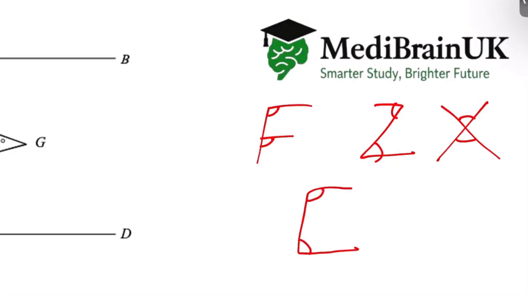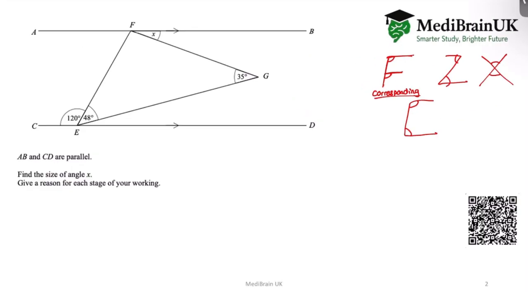So remember the F rules: if you spot an F anywhere, that means corresponding angles. Corresponding angles are equal in size. So if you ever spot an F anywhere in this shape over here, they are going to be equal.